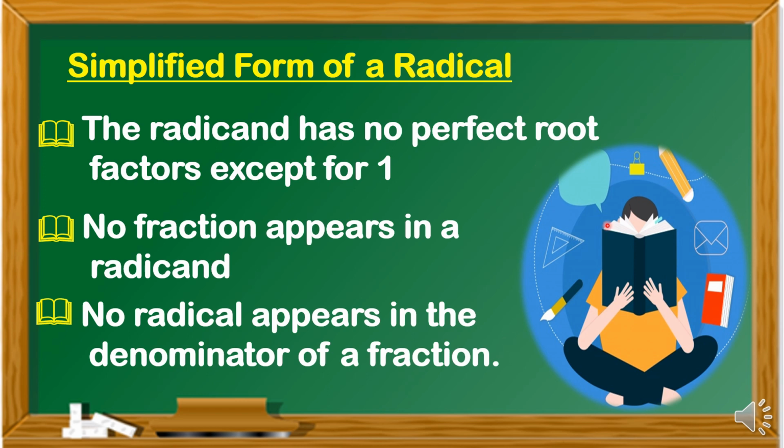So, lahat naman to, based dun sa ating ginawang mga examples kanina while discussing those topics, nasunod naman natin, kaya yung ating mga final answer is in the simplified form of a radical. Okay po? So, ito lang po yung tatandaan natin lagi.